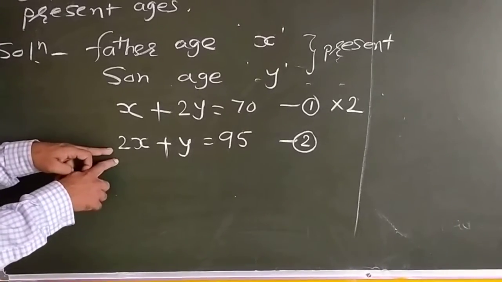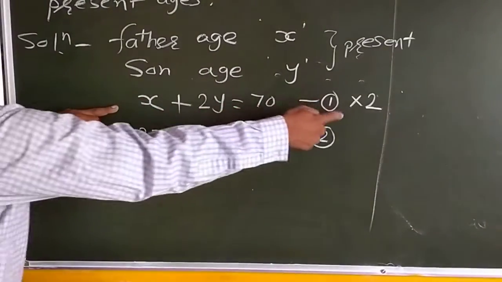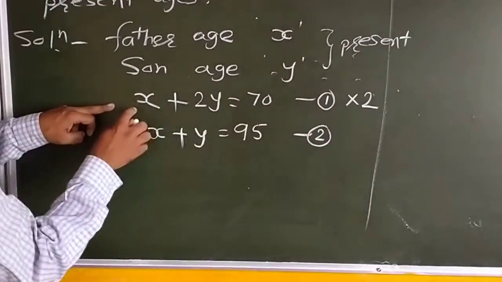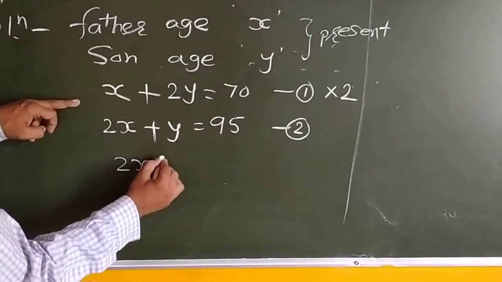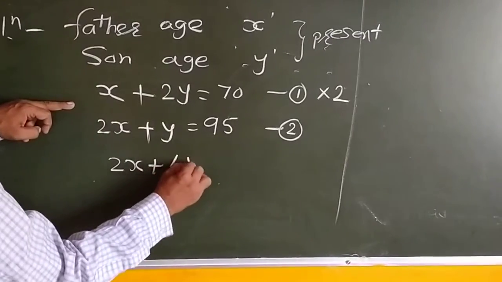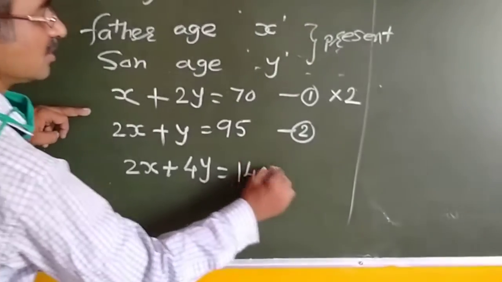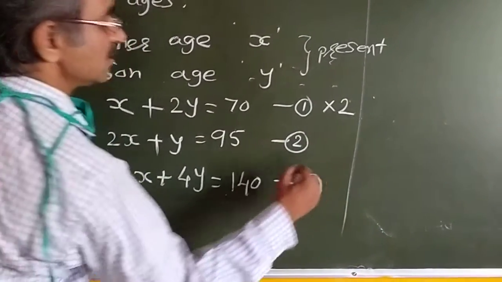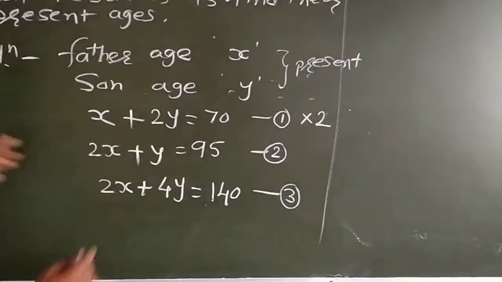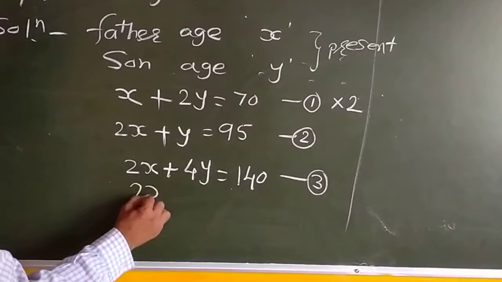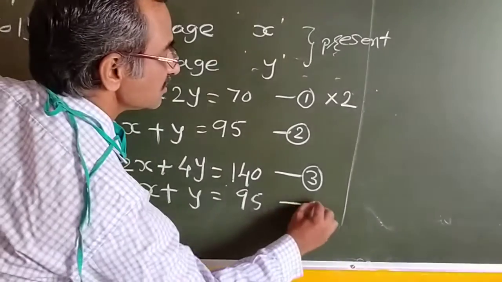Each term is multiplied by 2: 2 into x, 2x, plus 2 into 2y, 4y, is equal to 2 into 70, 140. This is equation number 3, because we multiplied equation number 1. Then we write the second equation, 2x plus y is equal to 95, as it is.